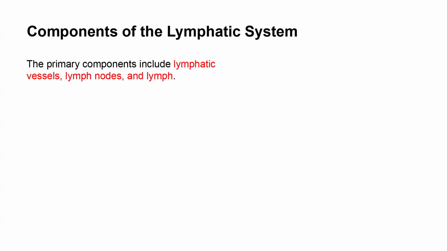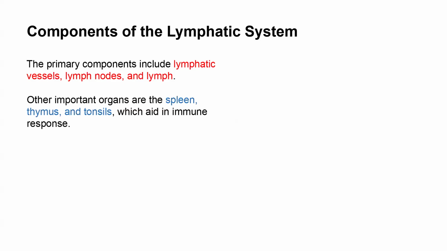The primary components of the lymphatic system include lymphatic vessels, lymph nodes, and lymph. These are the major components. Apart from these, we also have other important components, which include the spleen, thymus, and tonsils, which aid in the immune response.